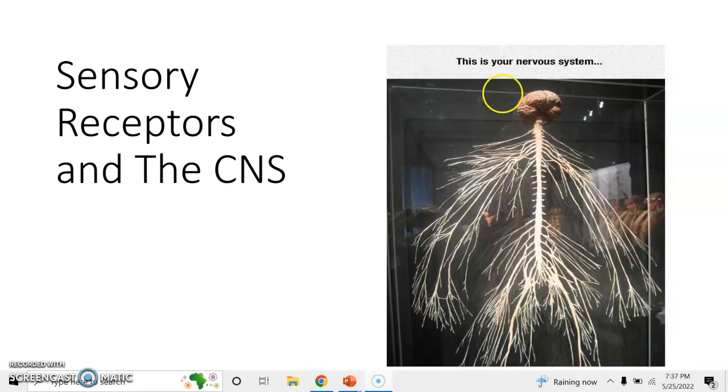You can see that the nerves go out to the receptors in the skin, and they travel to the central nervous system, spine, and up to the brain. You can see that some nerves are far more thick, like the sciatic nerve, than other nerves. But I just thought this was a good photo, and here we go.